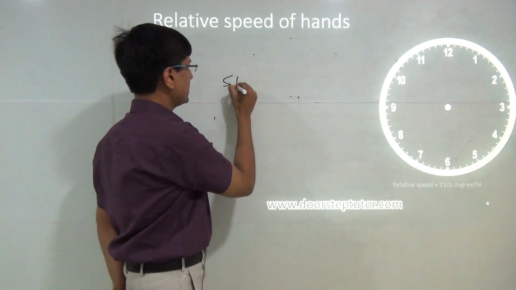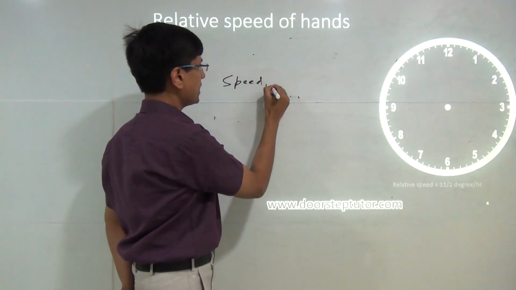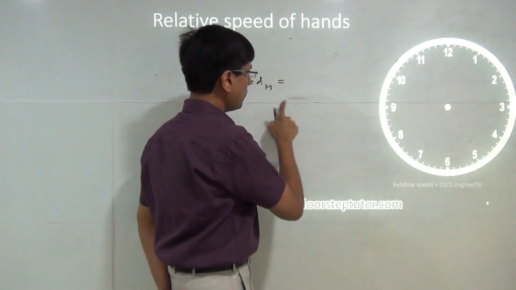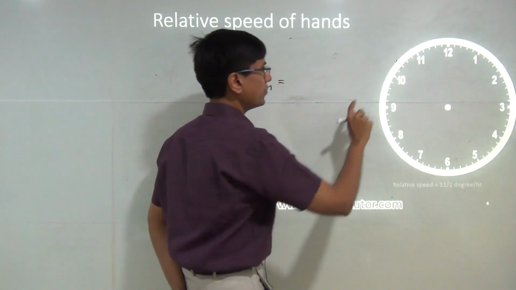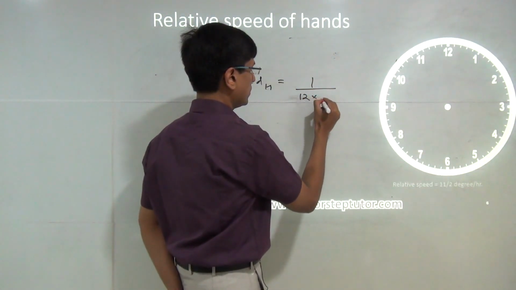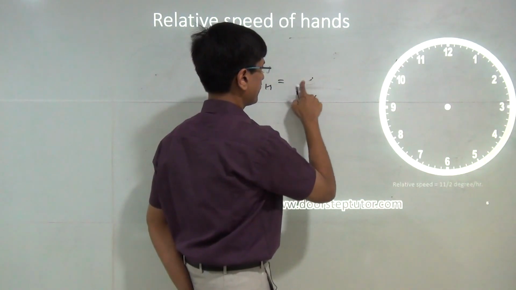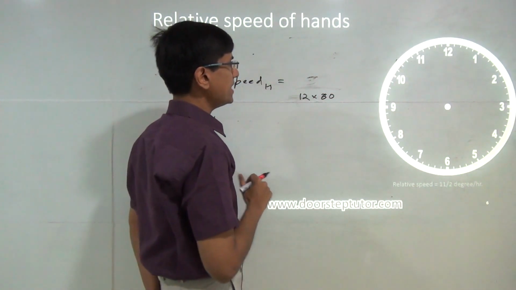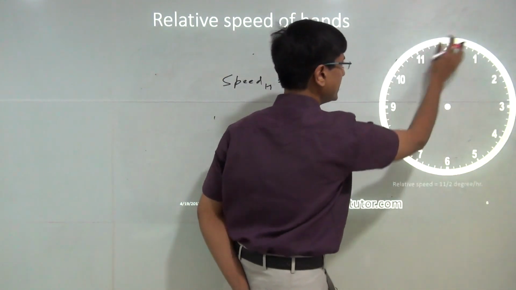So the speed of the hour hand, if we want to calculate that: how much time does the hour hand take to cover these 12 hours? It is 12 into 60, which is 720 minutes. And how many degrees are there in the full circle?